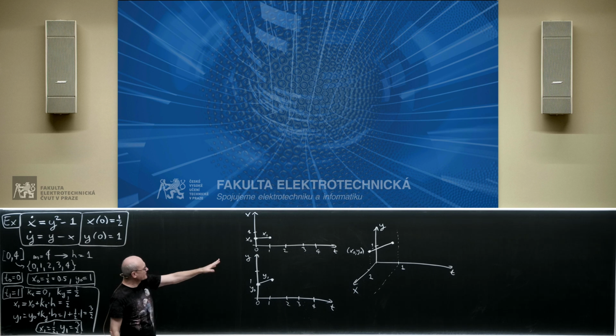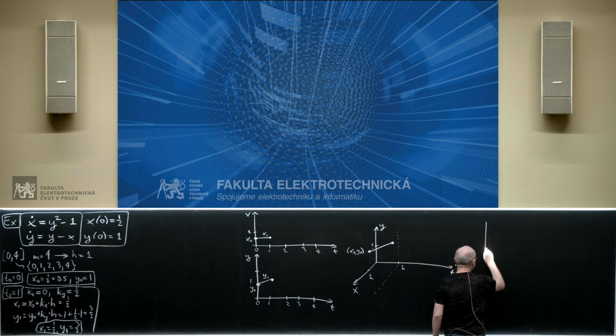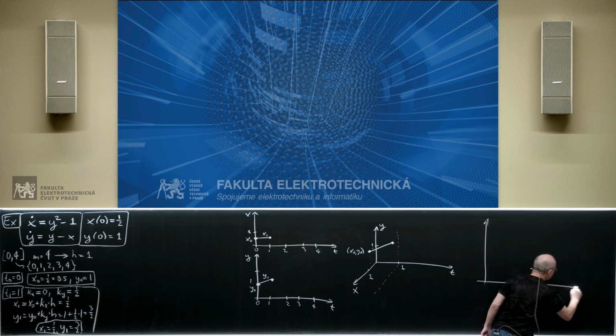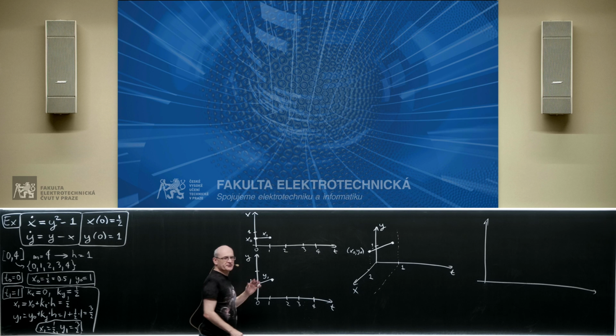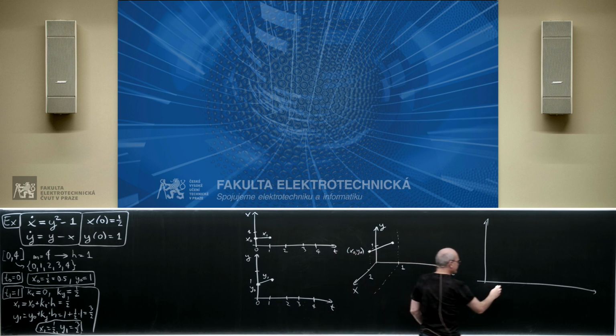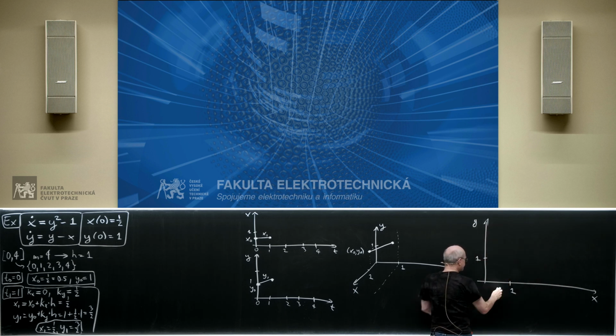I think I will ask Maple later on to do a visualization. I'm not sure it's worth following this path. What I can do relatively easily is to show the orbit, which is essentially a recording of the trajectory. So the point is 0.5, 1. Here is 1, here is 1. This is the x-axis, this is the y-axis.